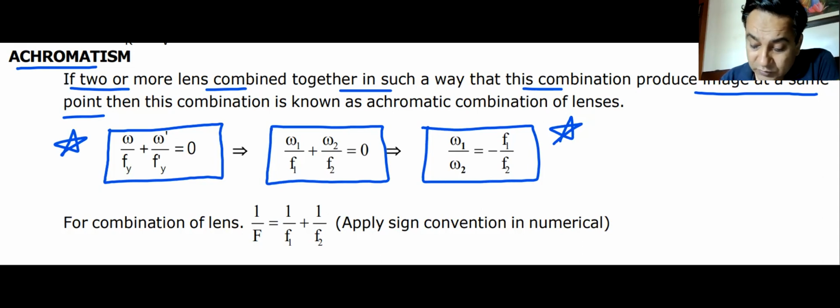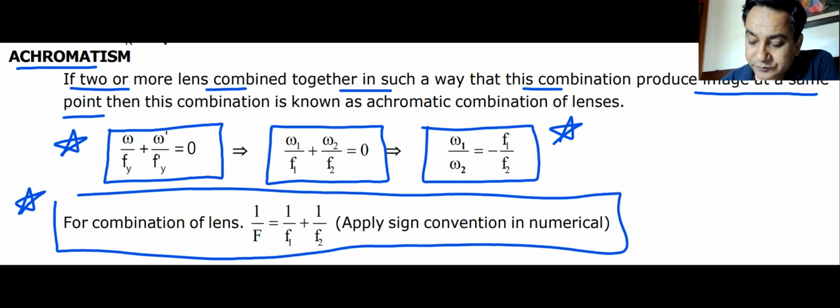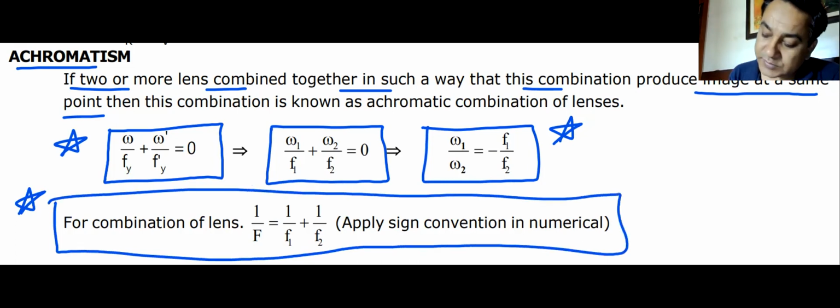Then the second thing that you have to remember is, if someone asks you, now this question may be out of the purview, it is in your course, but you might not get a question on this because you will have to solve a numerical on it. They might ask you what is the combined focal length of this achromatic combination.